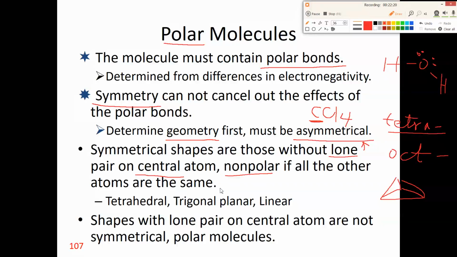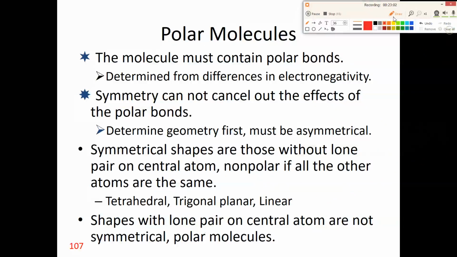Nonpolar is without a lone pair. So tetrahedral, trigonal planar, octahedral, linear, all those are nonpolar. All those have no lone pair, not exactly. All those examples are nonpolar because all those are symmetrical. With a lone pair on the central atom, they are not symmetrical. Most of the time with a lone pair on the central atom, the shape is asymmetrical, and they become polar, like water.